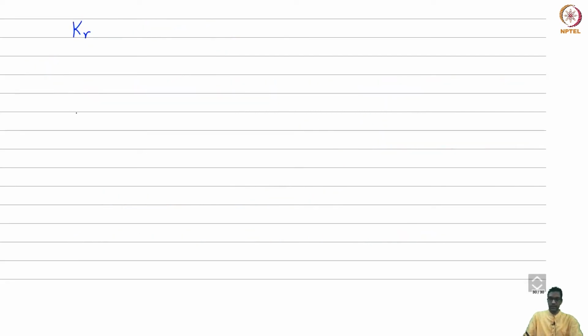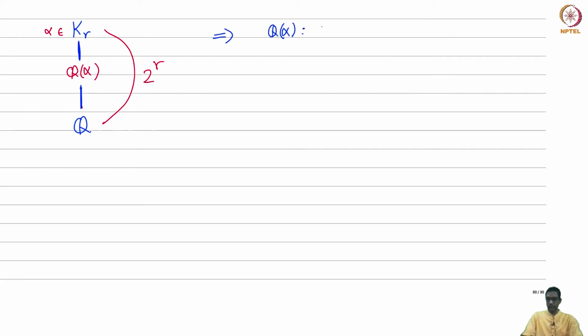So here's the setting, Kr is here, Q is here, alpha belongs to Kr. So alpha is an element here, so I can just look at Q(alpha). Okay, I just adjoin alpha to Q and look at this whole thing. What I know is that this overall degree is some power of 2, right? So these intermediate extensions must have degree which divides this overall degree, which implies that the degree of Q(alpha) over Q divides 2 to the power r, which implies it's also a power of 2.